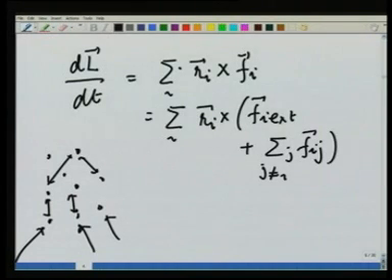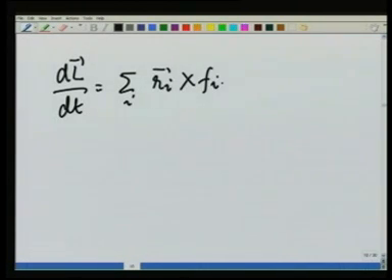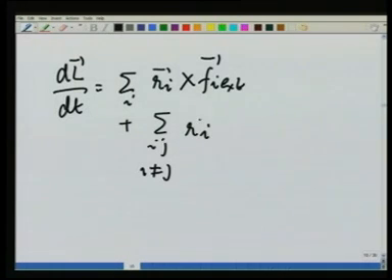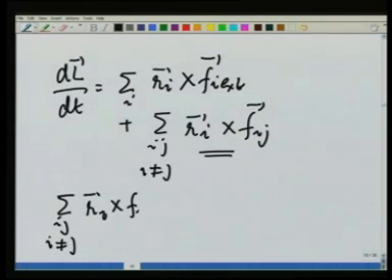I can now write dL/dt equals summation over i of r_i cross F_i external plus summation over i,j, i not equal to j, of r_i cross F_ij. Recall, this term now I want to show to be 0 in order to prove that dL/dt equals the external torque only. So I can write summation over i,j, i not equal to j, of r_i cross F_ij.